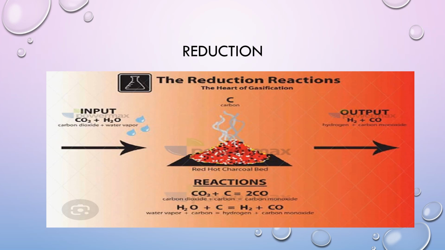So from this diagram, realize that the input was one of the syngases and then water vapor. The syngas here was carbon dioxide.